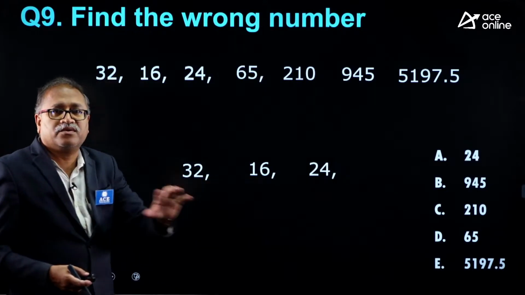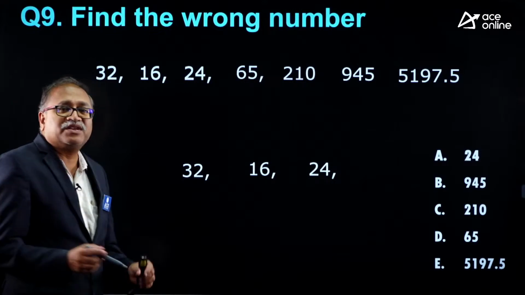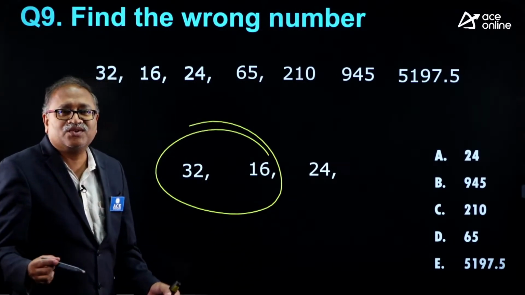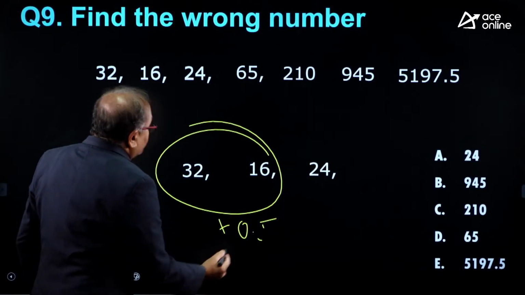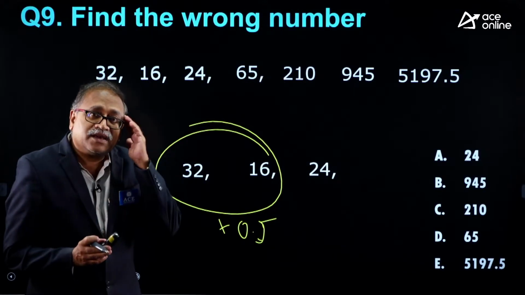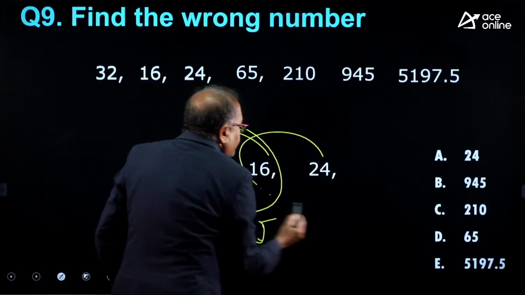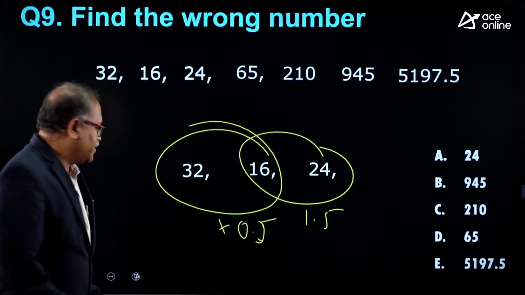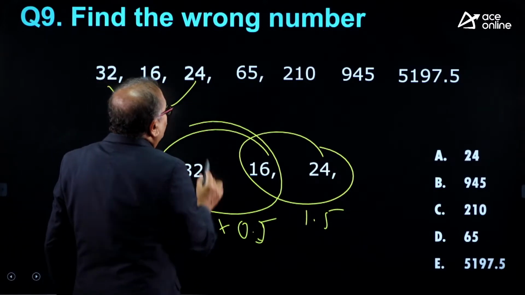For that, the clue: the moment you look at these two numbers, they are so easy, it is nothing but into 0.5. Yes or not, my dear friend? The moment it strikes your mind that it is a multiplication going on in a fraction, then from here to here I notice that it is 1.5. So this is into 0.5, this is into 1.5.